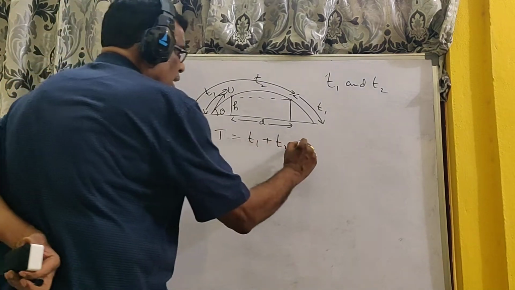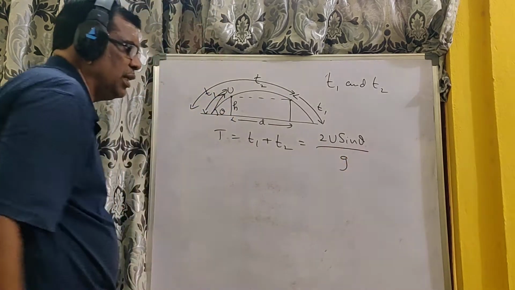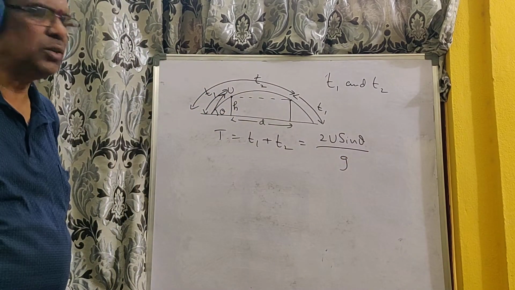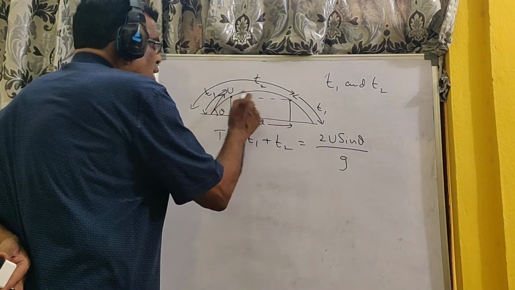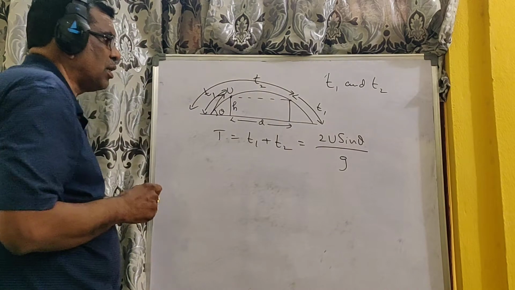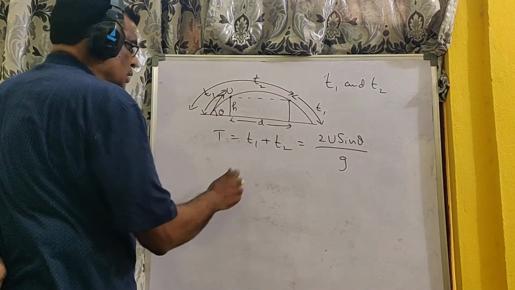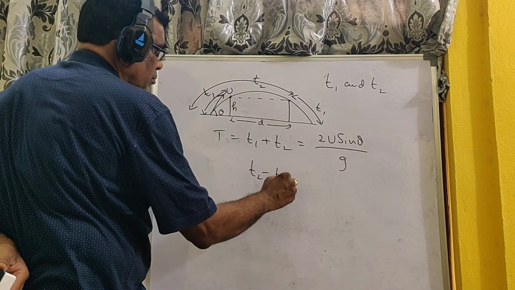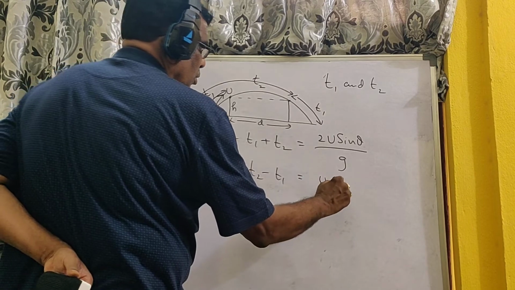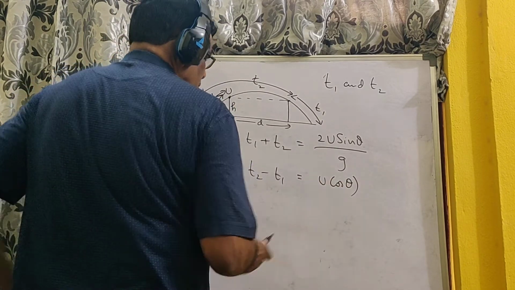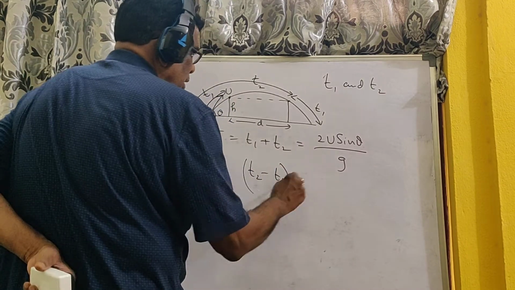And with this theta, the time of flight for a symmetric projectile is nothing but 2u sin theta by g. And in what time does it cross these two walls? So total T2 minus T1. In this, what is the velocity?